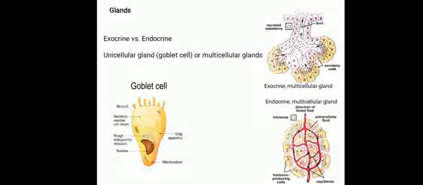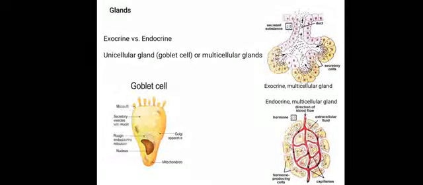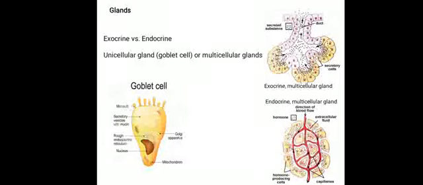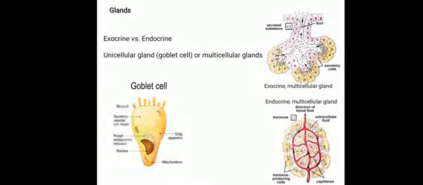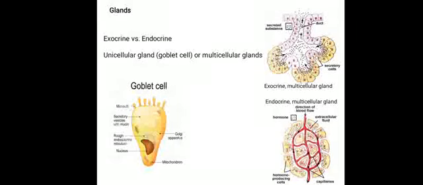For the exocrine, examples like the pancreatic gland, the pancreas. Pancreas is an exocrine gland. It is capable of secreting pancreatic juice. Whereas the endocrine glands are capable of secreting hormones, and we have many of them. Salivary gland is also an example of exocrine. Sweat gland, parotid gland, mammary gland are examples of exocrine.